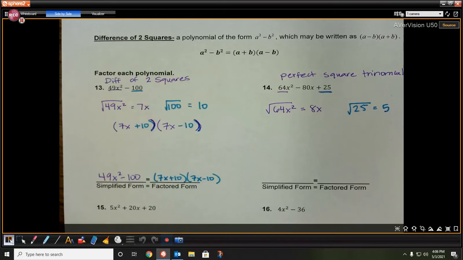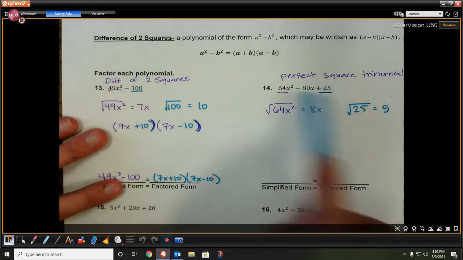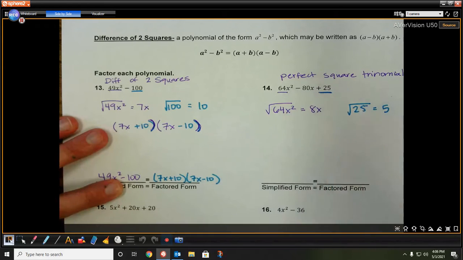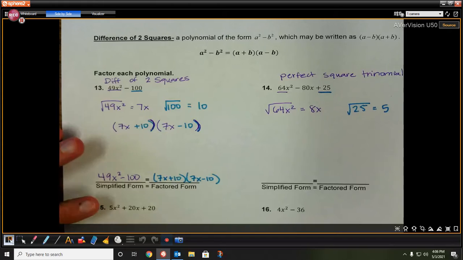But now we need to make sure that our a times our b gives us that 2ab in the middle.